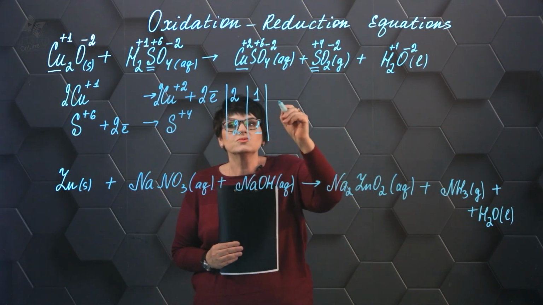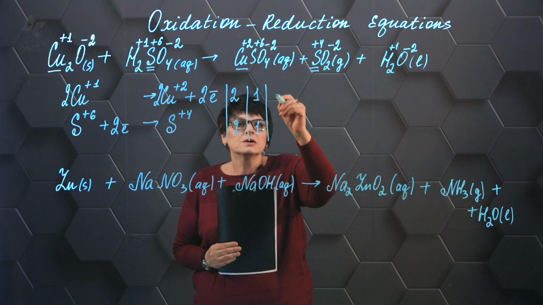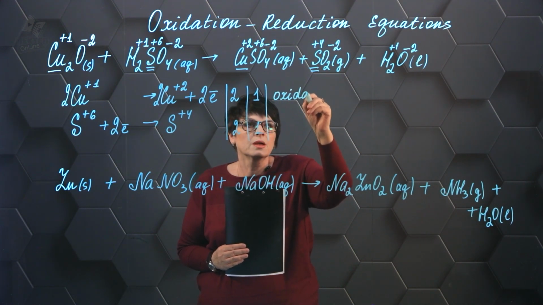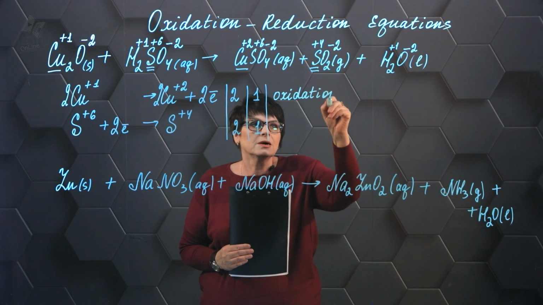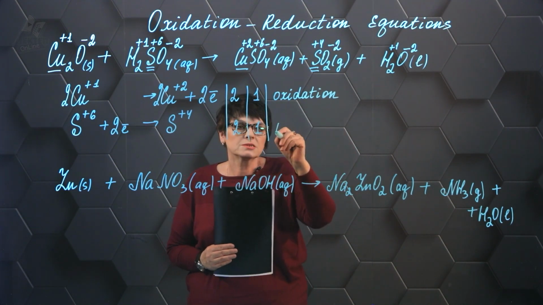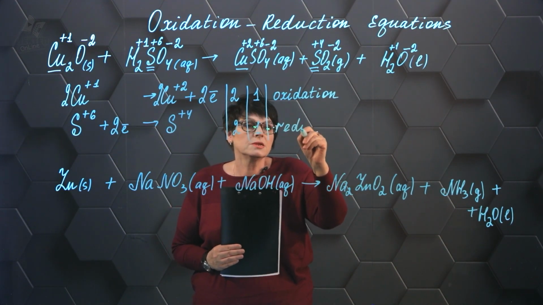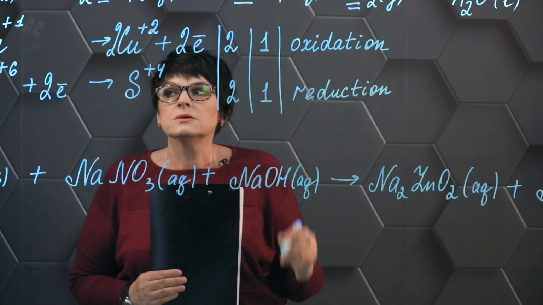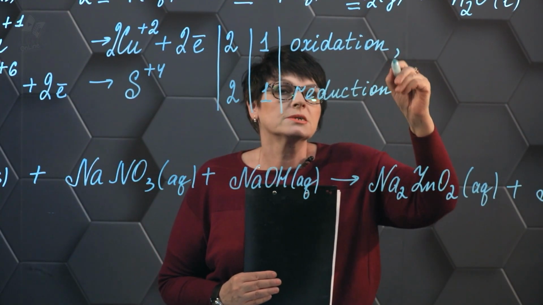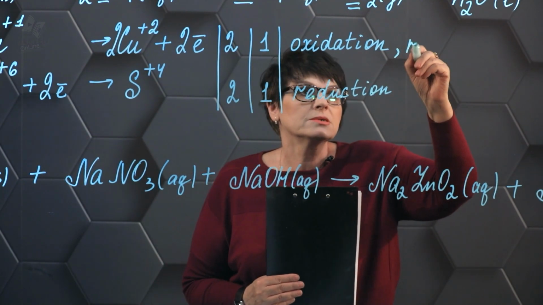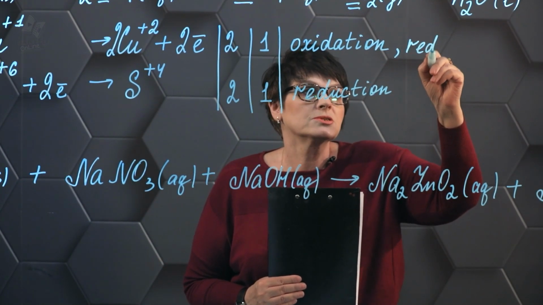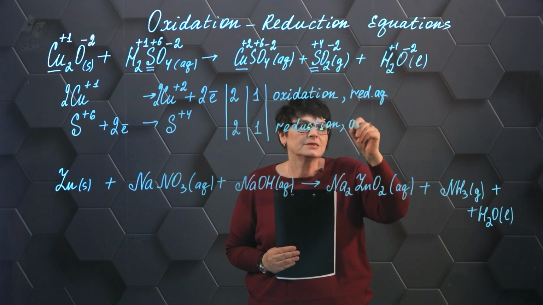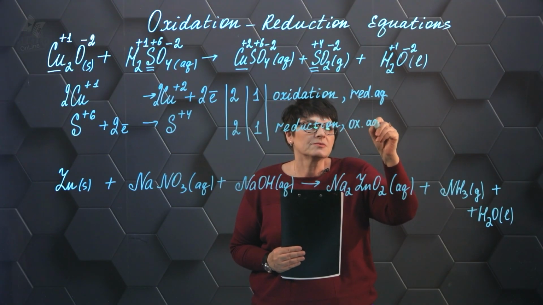Since it will give up electrons, this process is called oxidation. And for sulfur, this process is called reduction. And copper in this case is called a reducing agent. Abbreviated, we write it this way: sulfur will be an oxidizer.